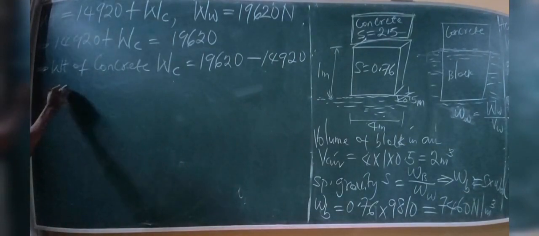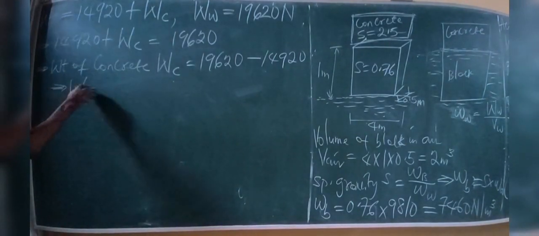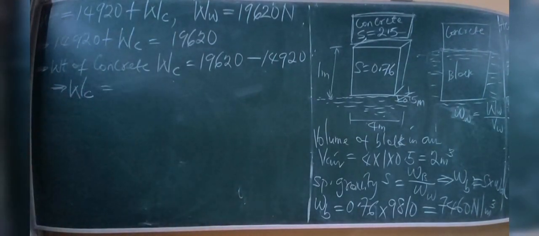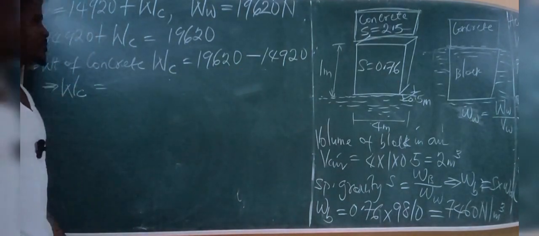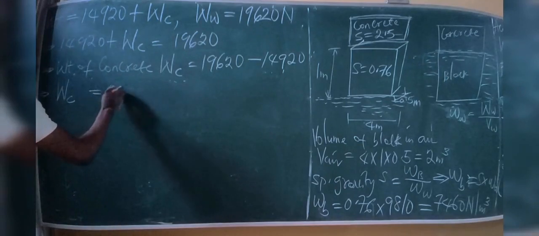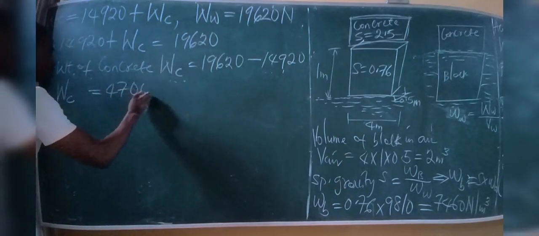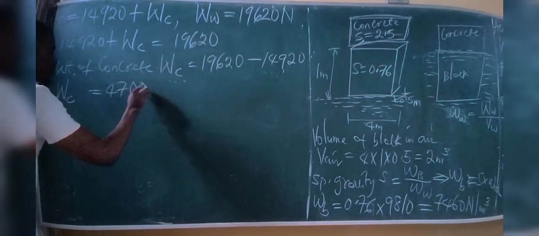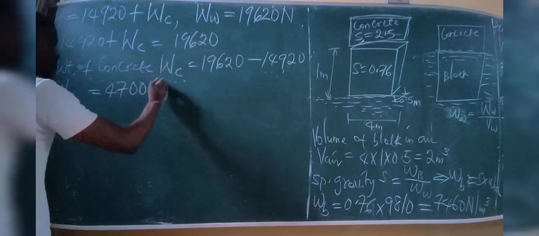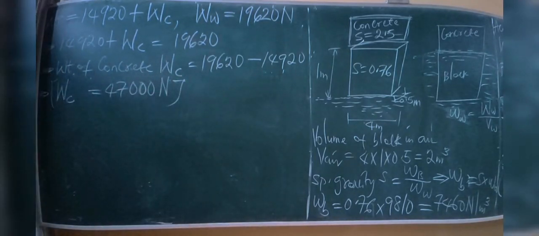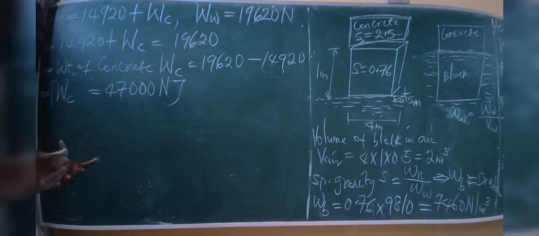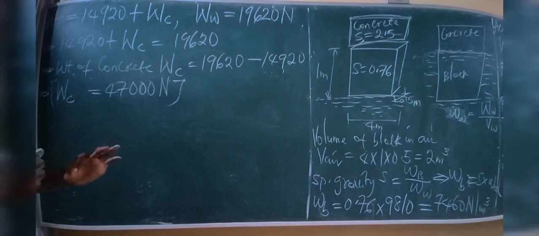So this simply implies that the weight of concrete in air is equal to 19620 minus 14,920, 4700 in newtons. So this becomes the total weight of the concrete, or the actual weight of the concrete in air.